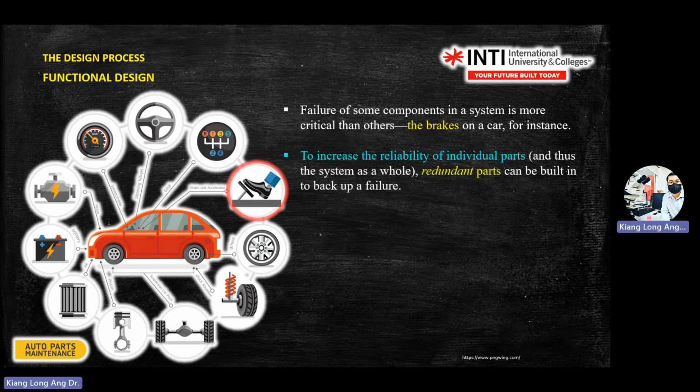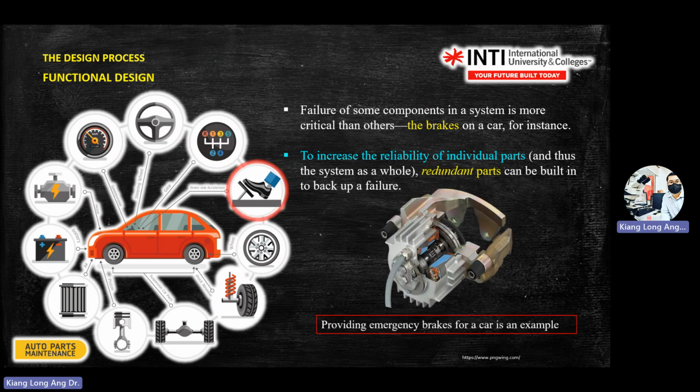So what they do, to increase the reliability, is add a replacement called a redundant part. We put in a redundant part. In this case, we put in emergency brakes. Nowadays, we have a lot of types of brakes, and lots of emergency procedures.